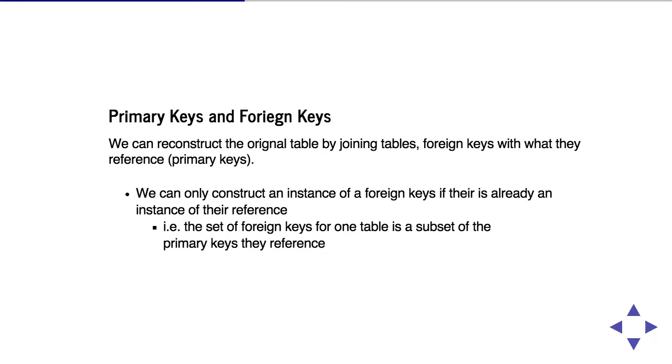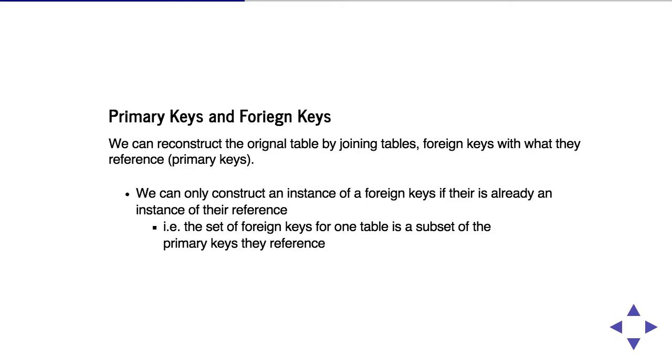So let's go on to primary and foreign keys. This is just to give a bit of understanding of the methodology behind this, so you don't have to worry too much. Just review it, and it's helpful for understanding how to work within SQL.